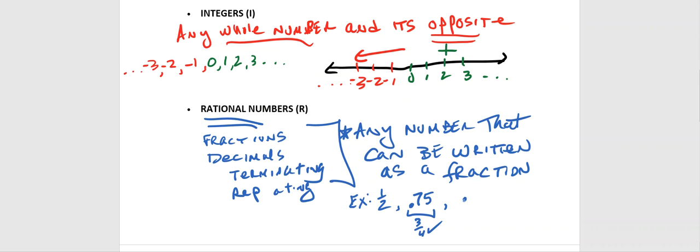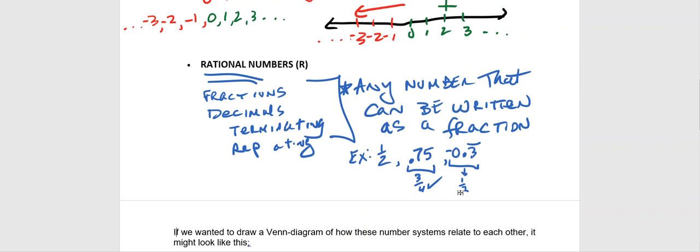For that matter, something like 0.3 repeating, or even negative 0.3 repeating, we should know that the repeating decimal 0.3, or for that matter, negative 0.3 repeating, is nothing more than the fraction 1/3. In this case, it'll be negative 1/3. Okay, so that's really important for us to understand as well.